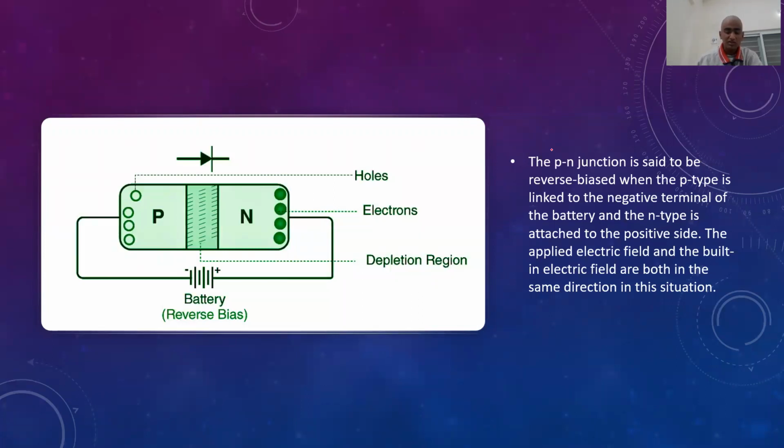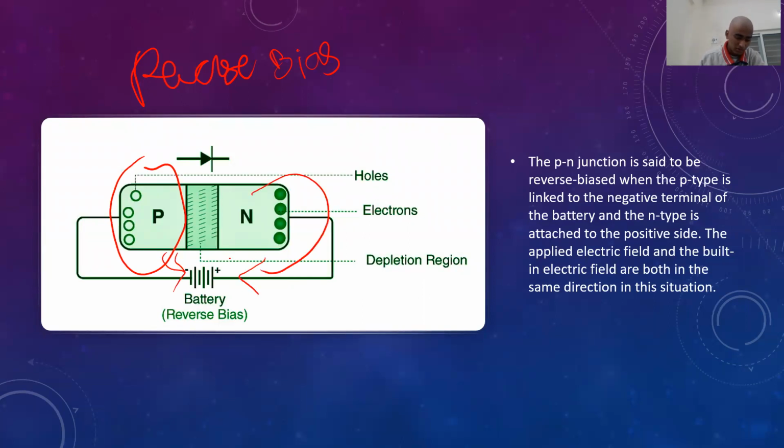For a PN junction in reverse bias, the P-type is connected to the negative terminal and the N-type is connected to the positive terminal. The depletion region here is large.